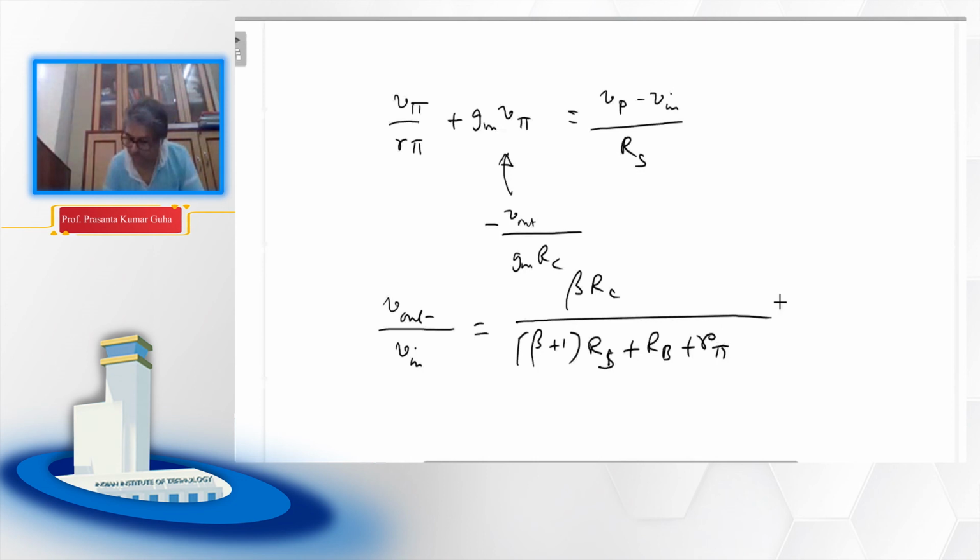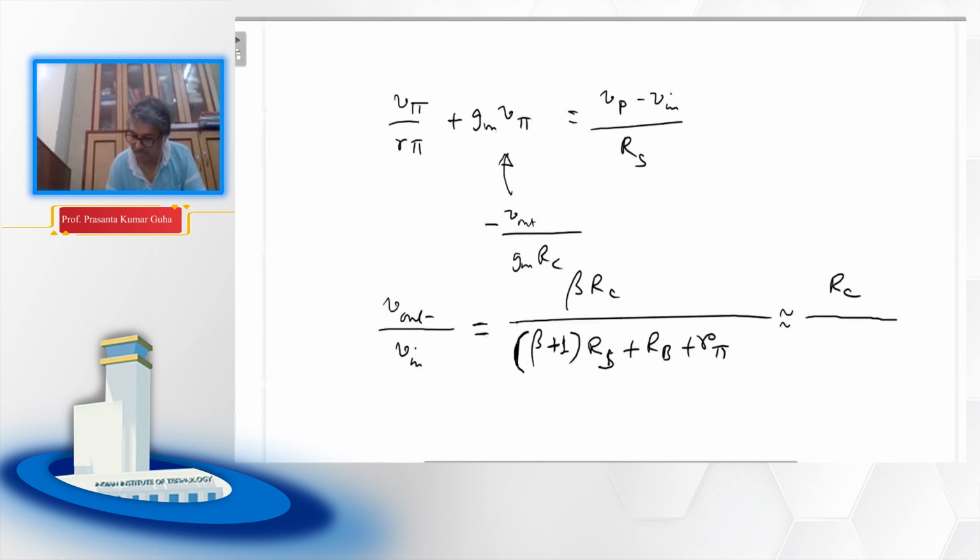If you remember, we had a little trick so that it looks better and we will be able to relate to our discussion in the CE stage. So let's divide it by beta plus 1. You remember we did it in yesterday's class. So if you divide it by beta plus 1, you will have 1 by GM.